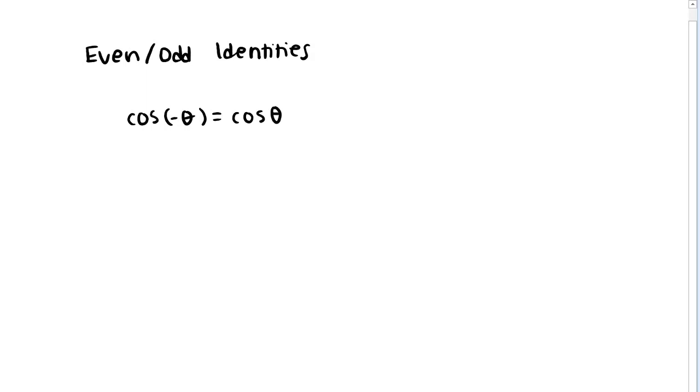If we negate the input of the cosine function, we get the same result as if we didn't negate the input. For sine, if we negate the input, that's really the same as negating the output of this sine function.